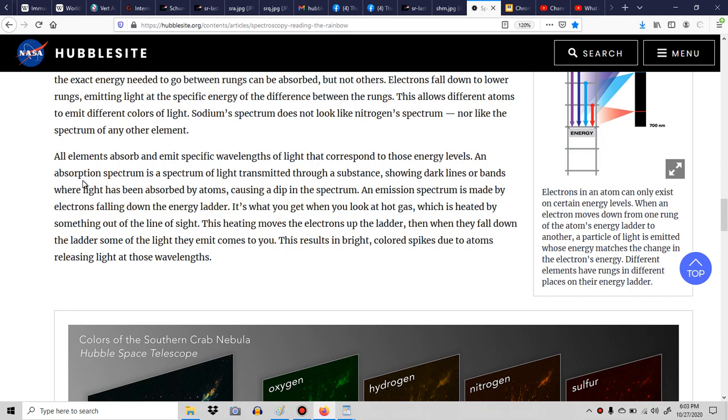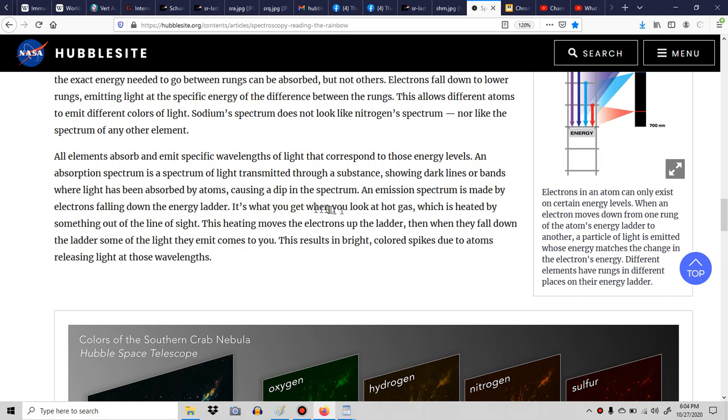An absorption spectrum is a spectrum of light transmitted through a substance showing dark lines or bands where light has been absorbed by atoms, causing a dip in the spectrum. An emission spectrum is made by electrons falling down the energy ladder.